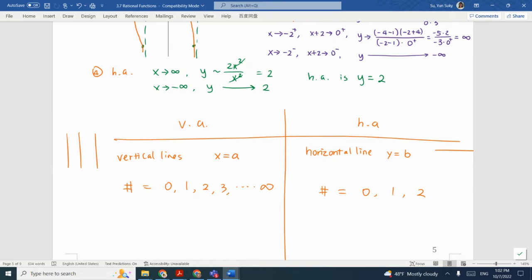And then can we cross the asymptotes? Can we cross the asymptote? For a vertical asymptote, no. Okay, we cannot cross it. You might have a picture like this. You can have one side getting close to it, but on the other side you can have something like this.